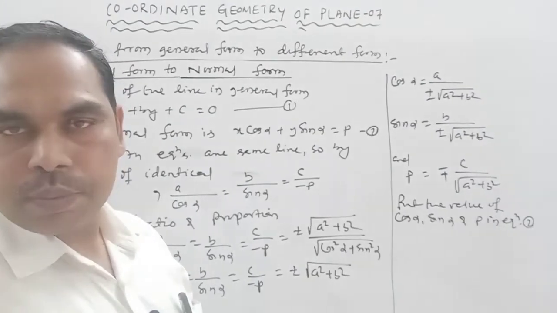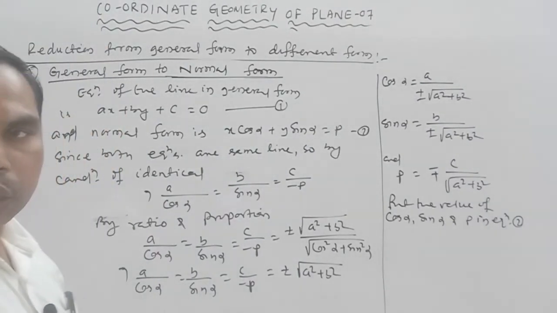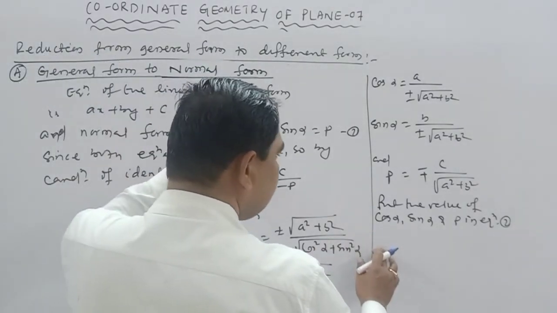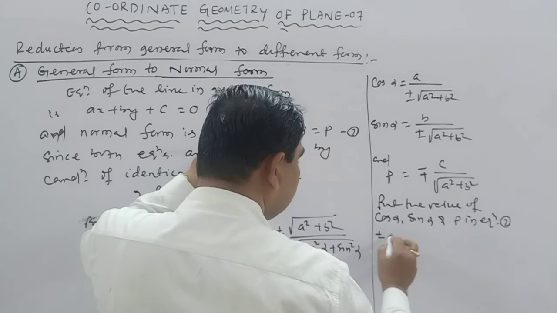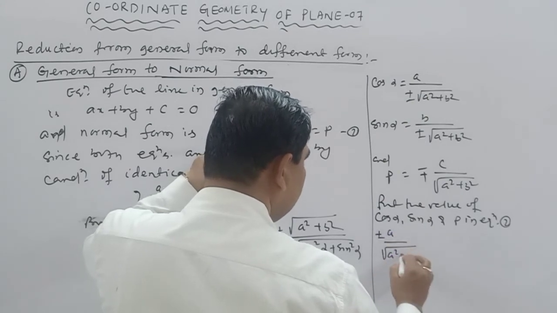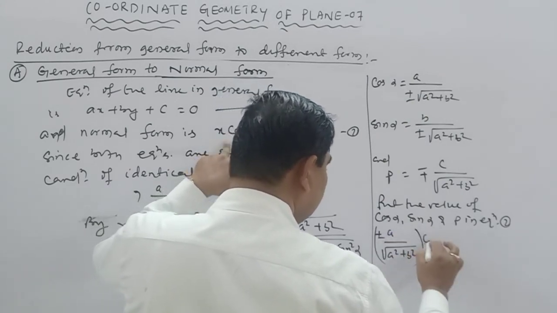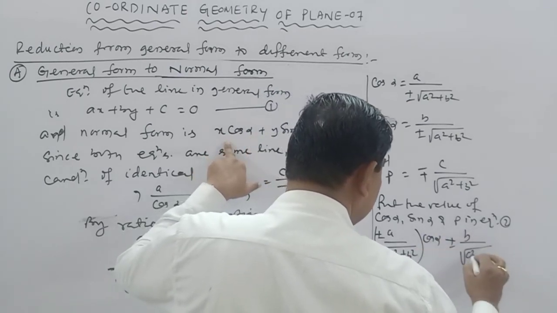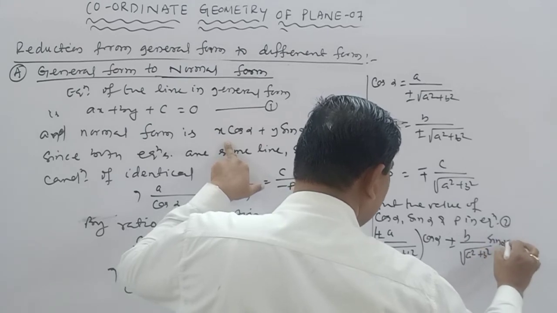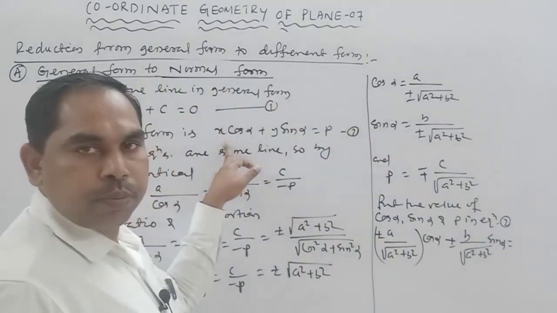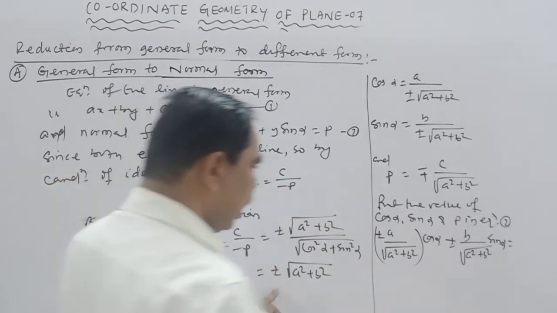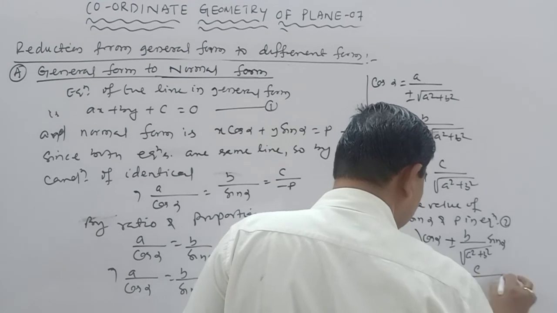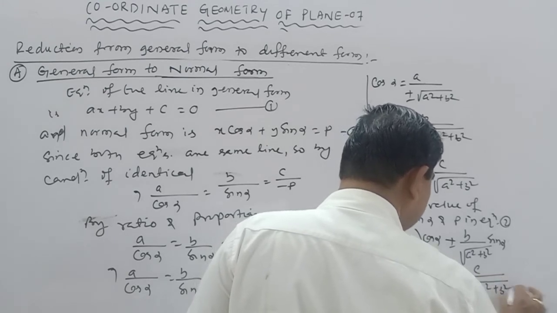In equation 2 we get x into plus or minus a divided by root a square plus b square, plus y into plus or minus b divided by root a square plus b square, is equal to p, which is minus or plus c divided by root a square plus b square.